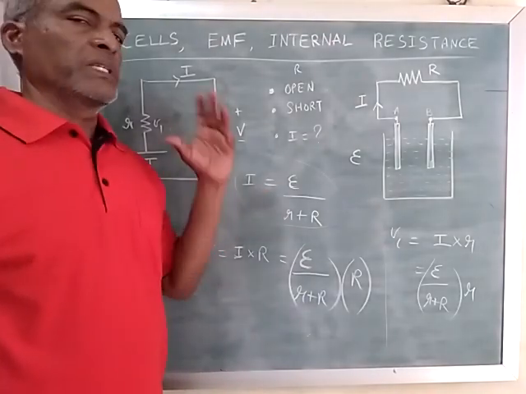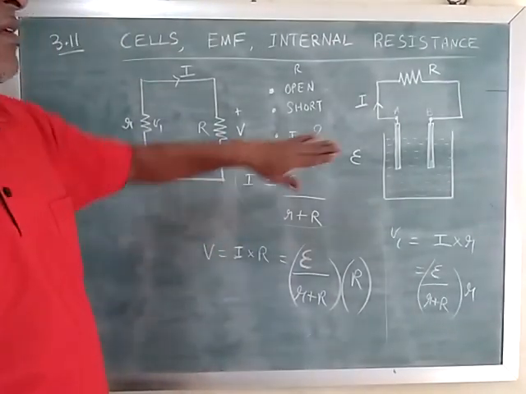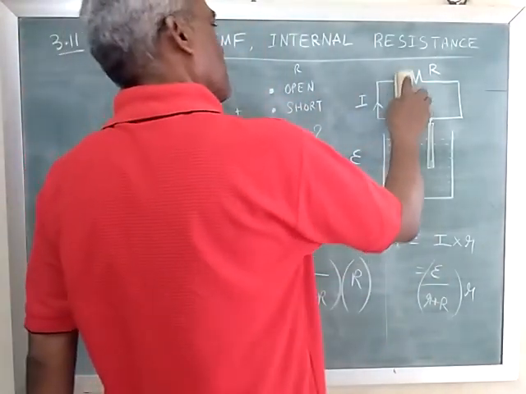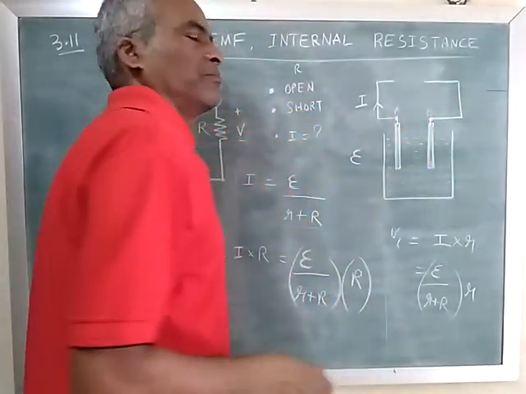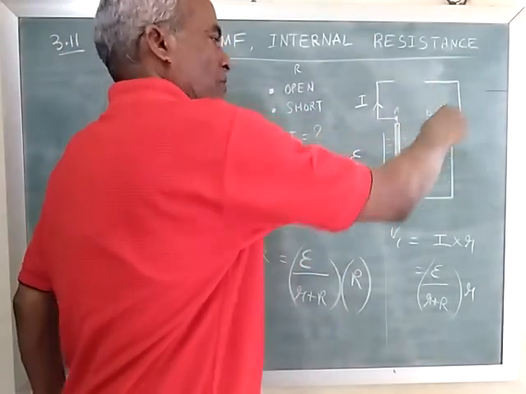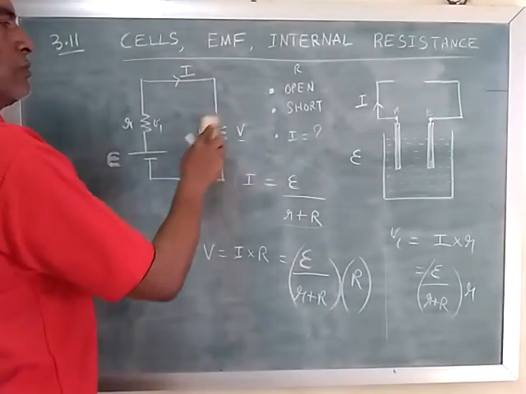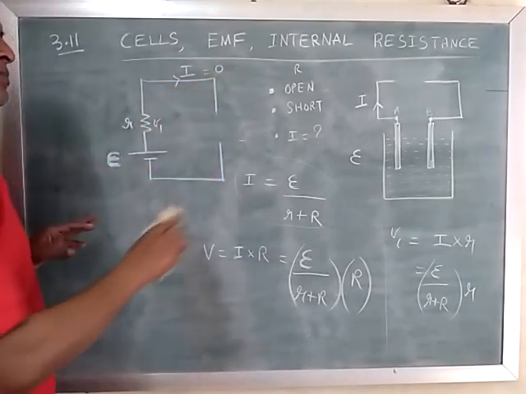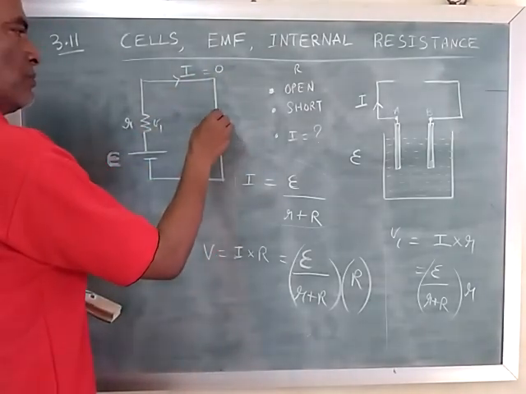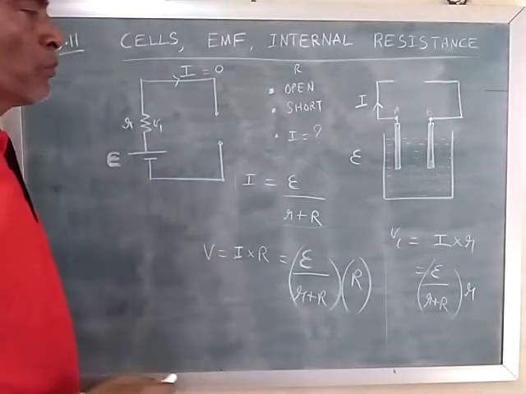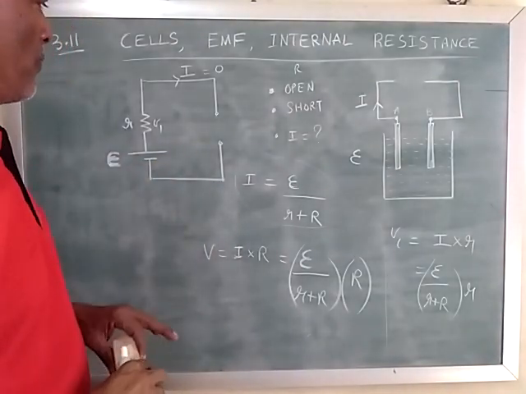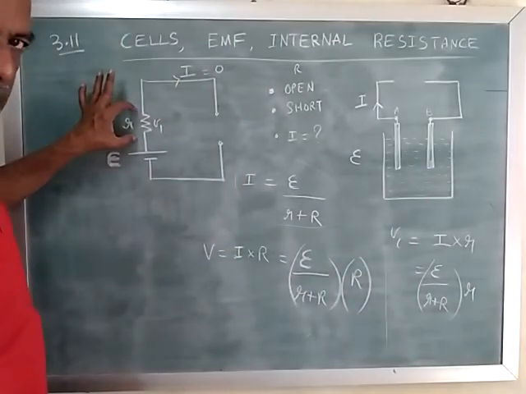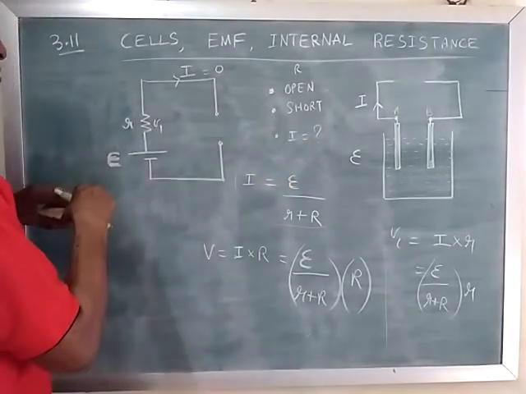Now we have to see two special cases. What happens when the resistor is open circuited? Open circuited means you haven't connected it to the cell. So no current will flow in the circuit. So this is not connected now. So no current will flow. I equal to 0. Okay. So if I is equal to 0, no current, so the voltage drop across the internal resistance of the cell is 0. So here is 0 volts.